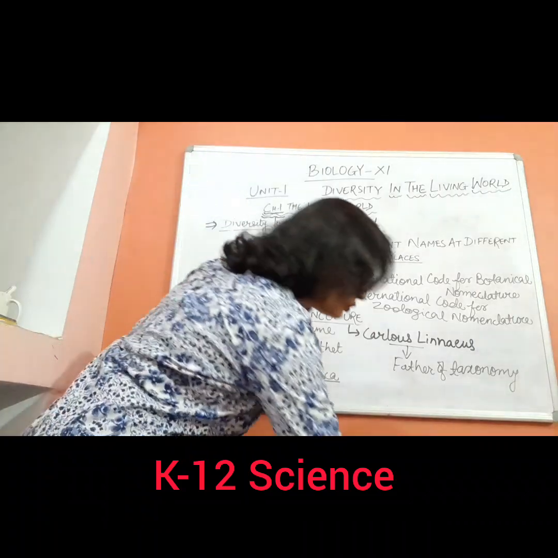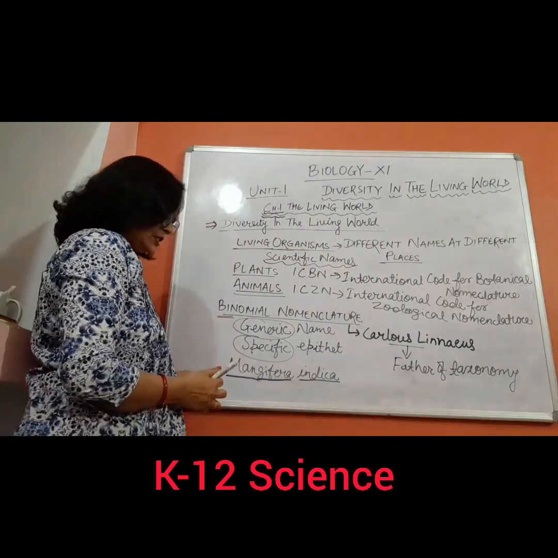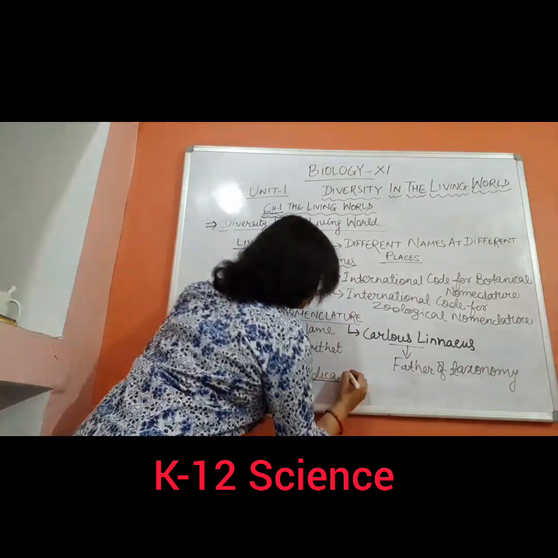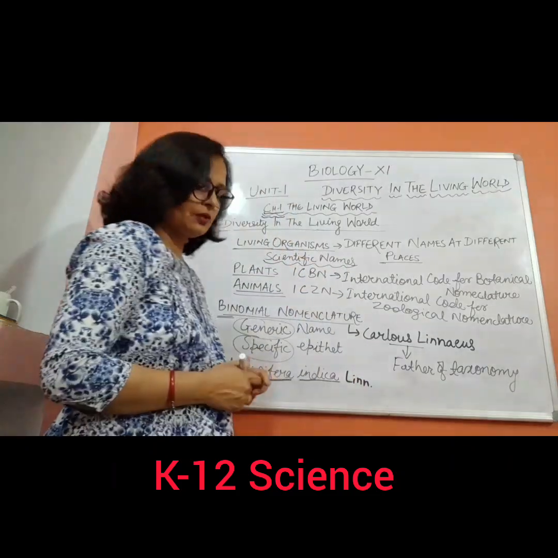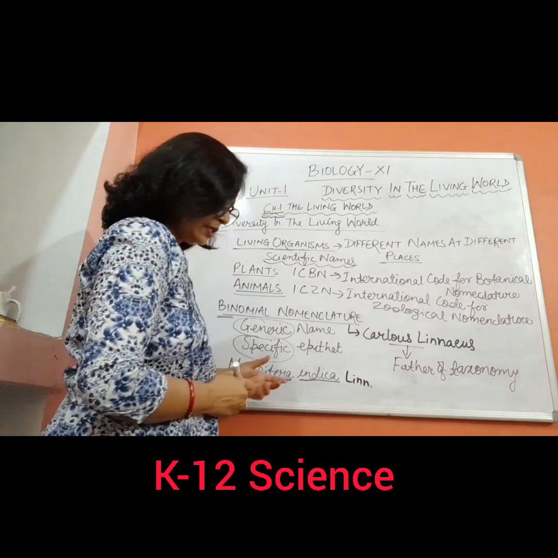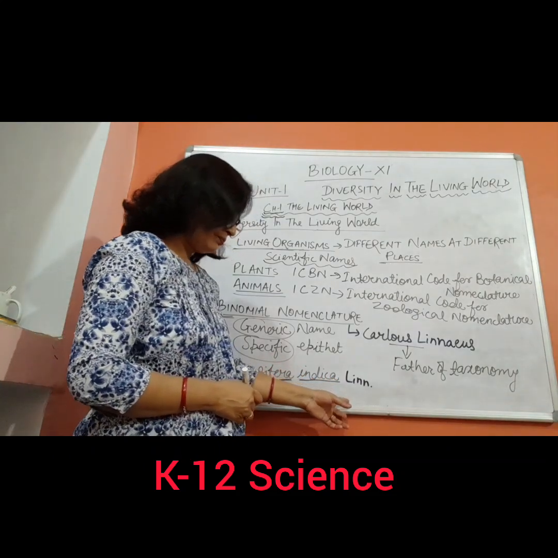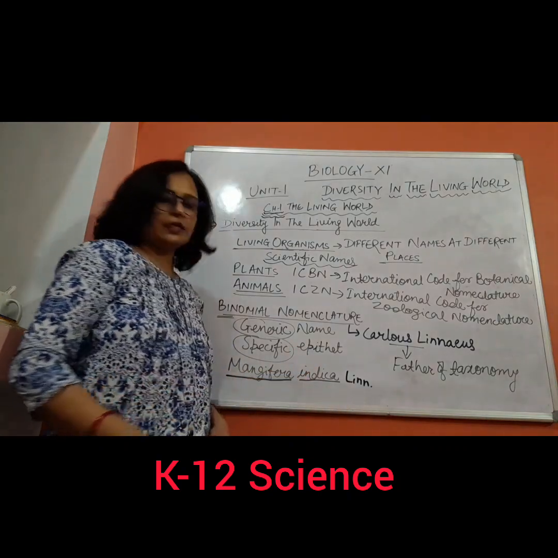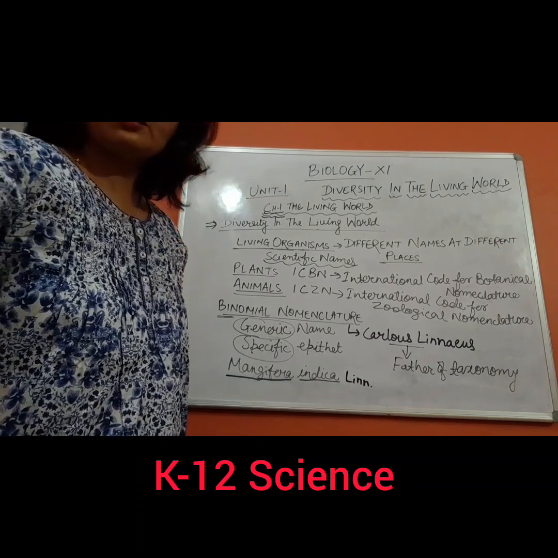So we need to write the name of the scientist in short form, like this, Linn. It will be the short form of the name of the scientist. Clear? So this is how we can write the scientific name, that is binomial nomenclature.